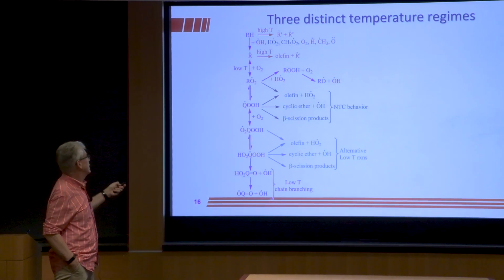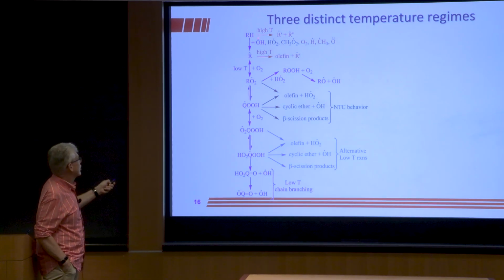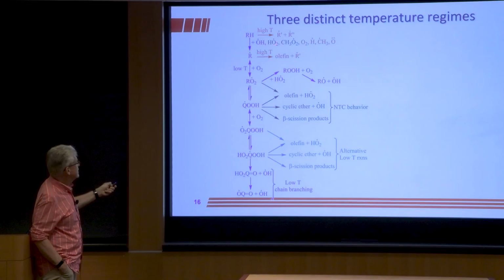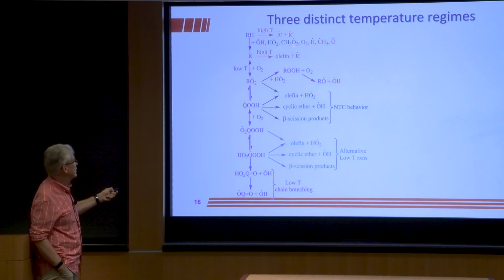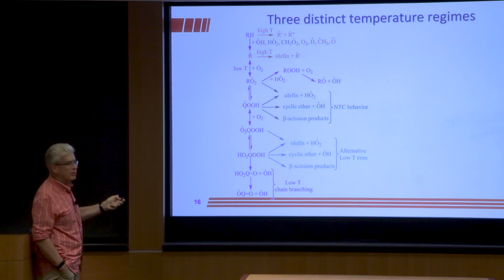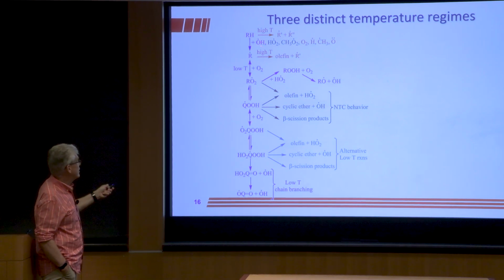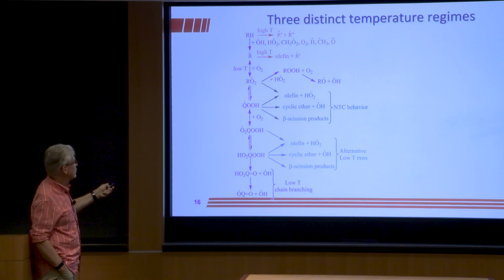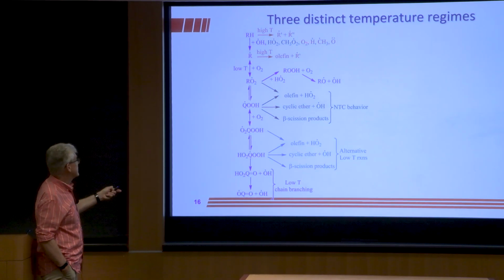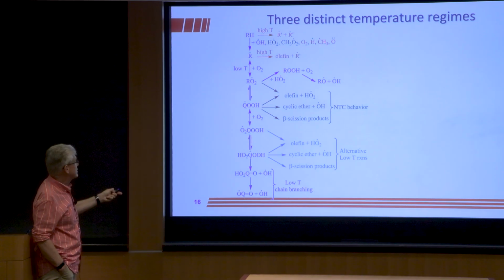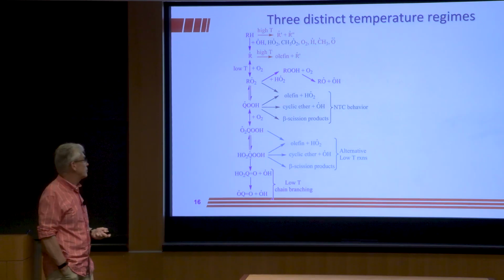RH represents the fuel, and at high temperature it can undergo unimolecular decomposition, or abstraction mostly by these species. At low temperature it's OH. At intermediate temperature, the important ones are HO2, CH3O2, and OH. At high temperature, it's HO2, CH3O, O, and OH. They're all important.